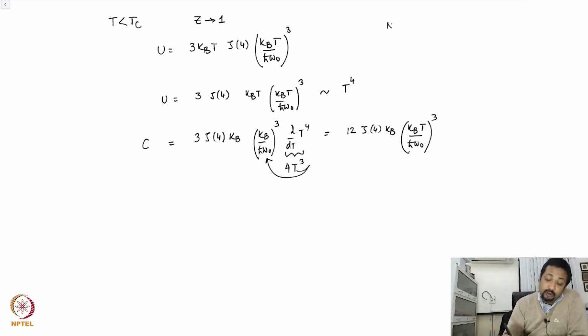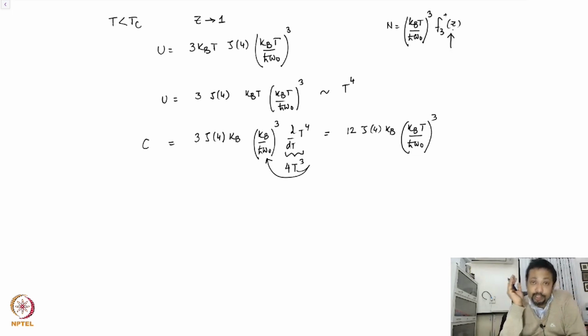Now, if you recall, your particle number N was kBT over h bar omega naught whole cube times F3 plus Z. For T greater than Tc, this is the equation from which you have to determine the fugacity. But for T less than Tc, my life is a little bit simpler, because this function now becomes zeta of 3.